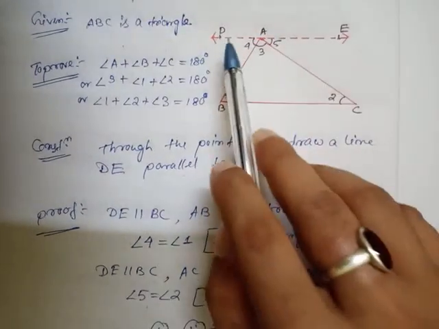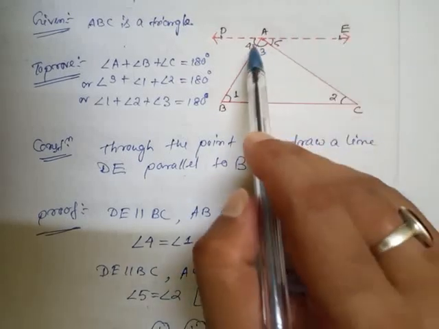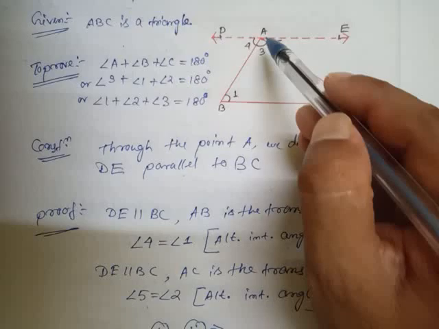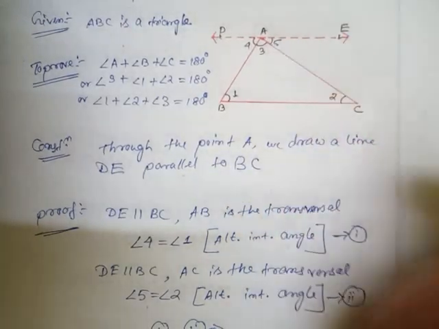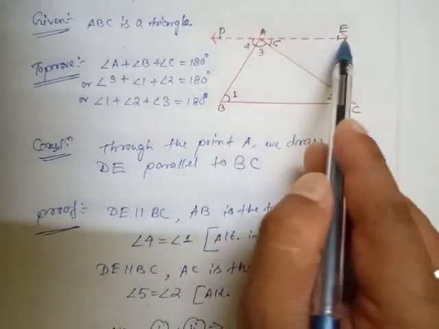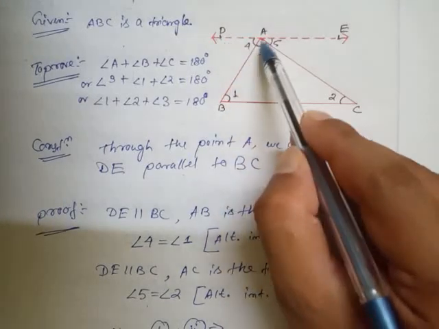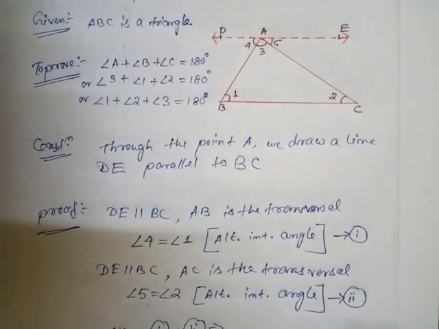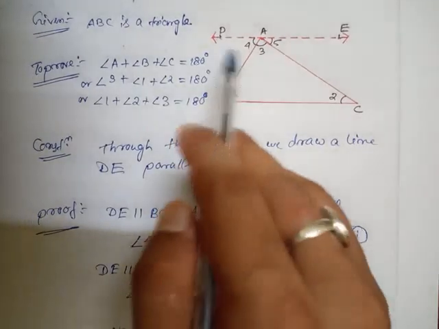Now look students, one more thing. If angle DAE is 180, which means DAB plus BAC plus CAE equal to DAE. I repeat again, DAB plus BAC plus CAE, this whole equal to DAE.